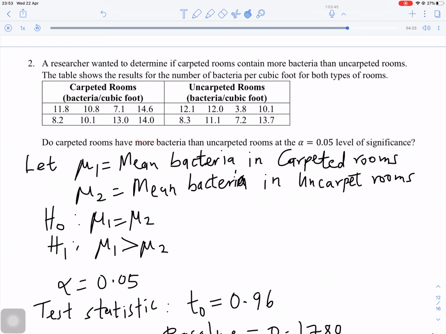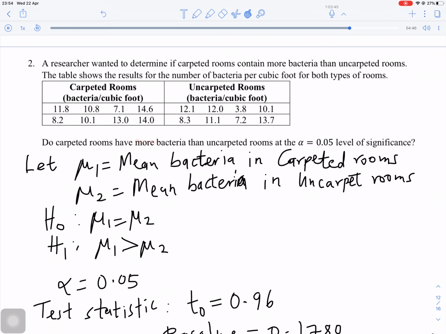So what you can realize is that this sample will be independent. So in sample 1, whatever rooms that are observed in sample 1, which are carpeted rooms, will be independent of the uncarpeted rooms observed in sample 2. So this gives you independent samples. Okay, so that is why this question falls under what we are doing in section 11.3.